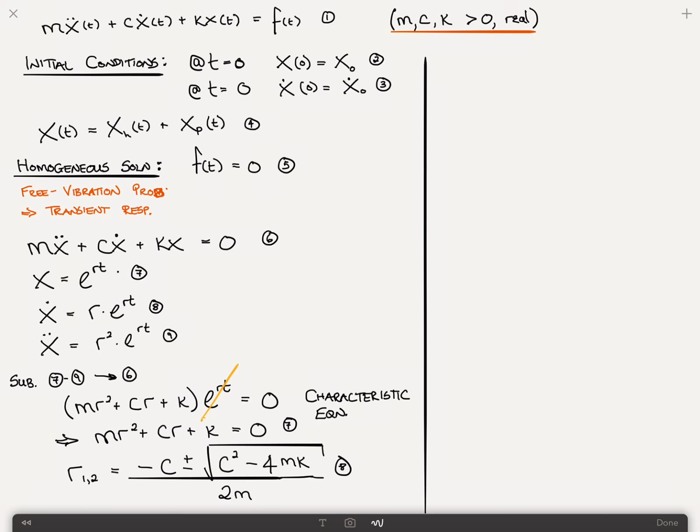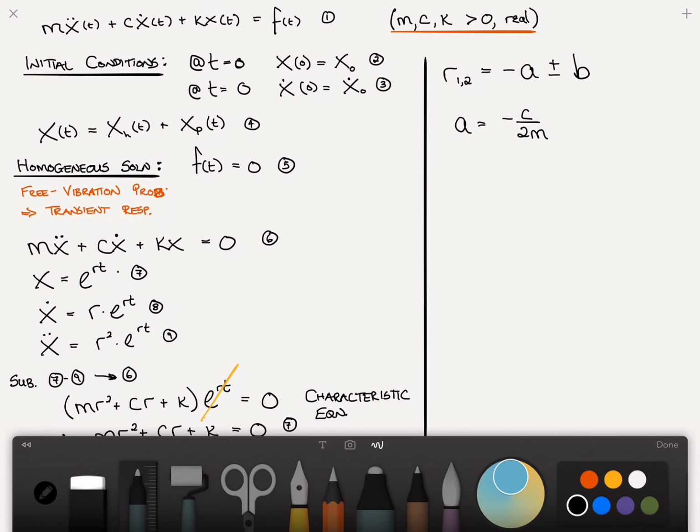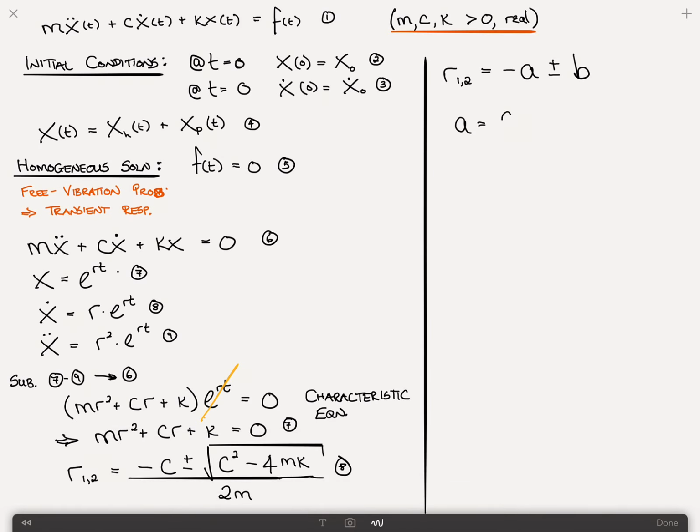I'm going to choose to rewrite this as r1 and 2 is equal to minus a plus or minus b, where a is equal to c over 2m. And we should note that a is always positive, since c and m are positive.